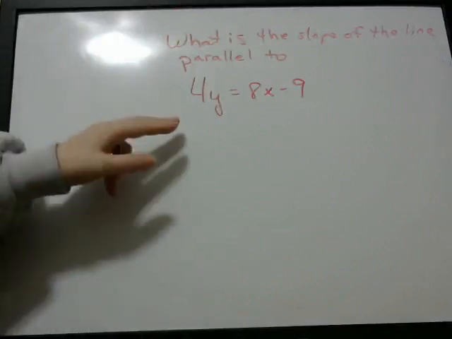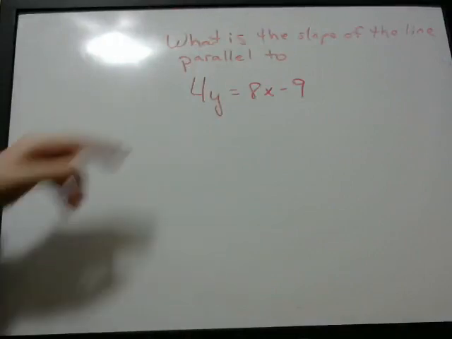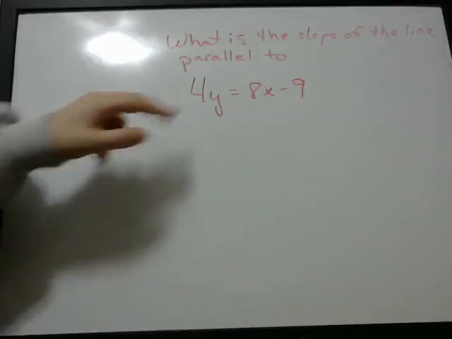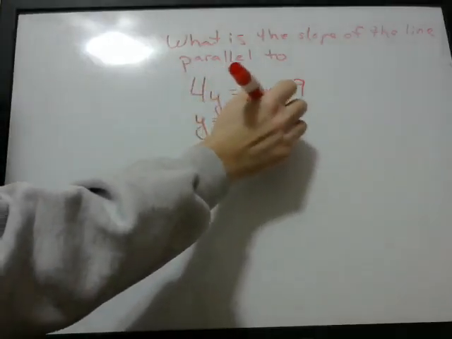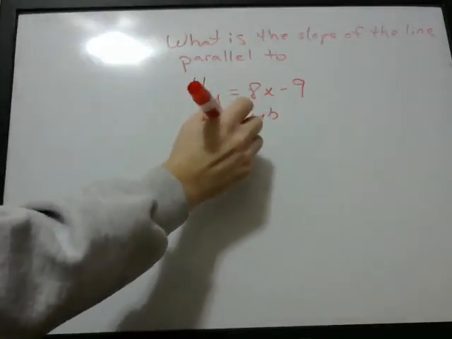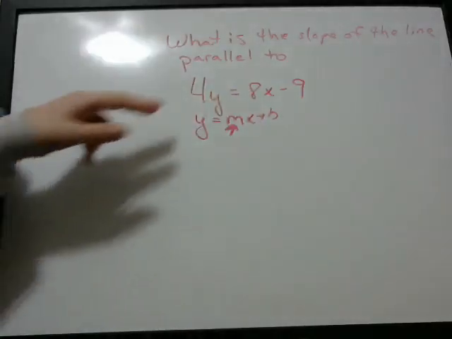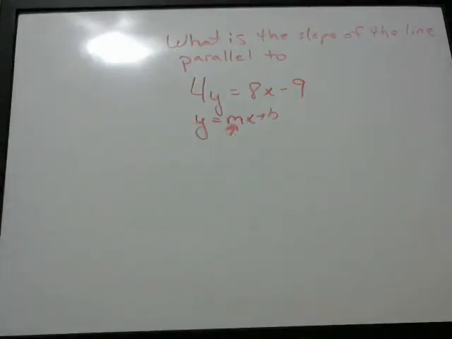So what's the slope of the line parallel to this line? Remember, once we write this in slope-intercept form, the slope is this m that's sitting by the x. So we just need to get this y by itself and figure out what's the m.